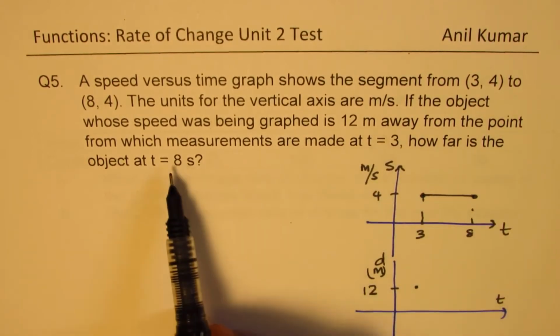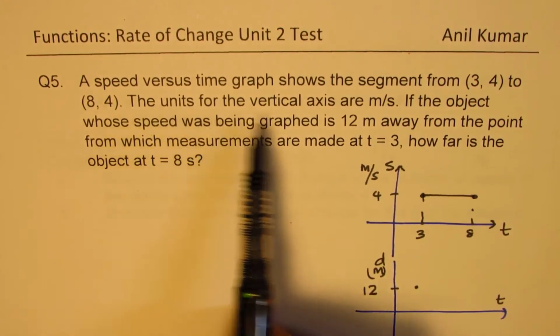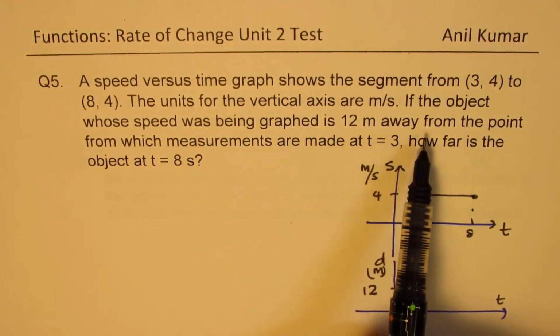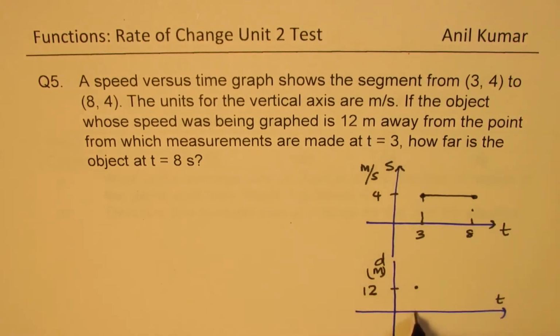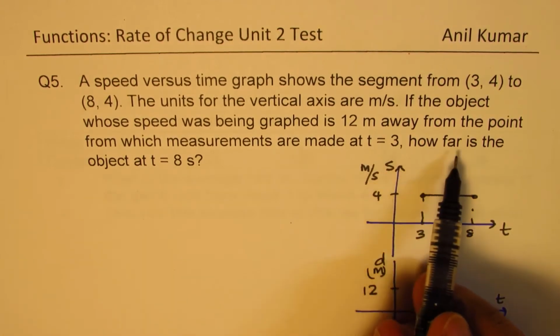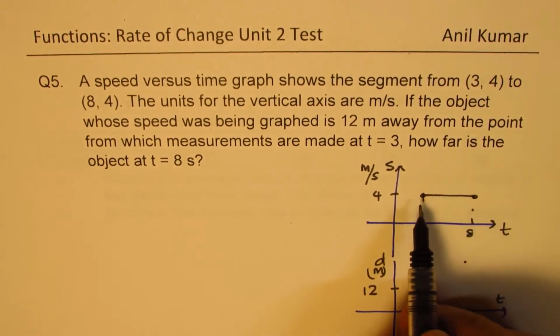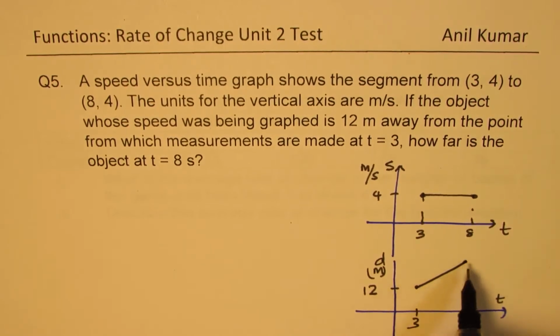So after 8 seconds, how far will the object be? That is what we need to figure out. Since the object is moving at a constant speed, it will move like this. Is it okay? So that is the distance which we need to find.